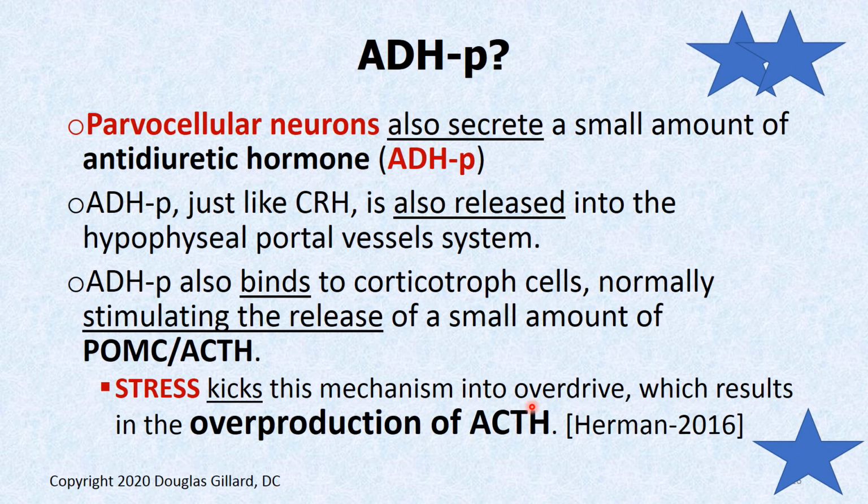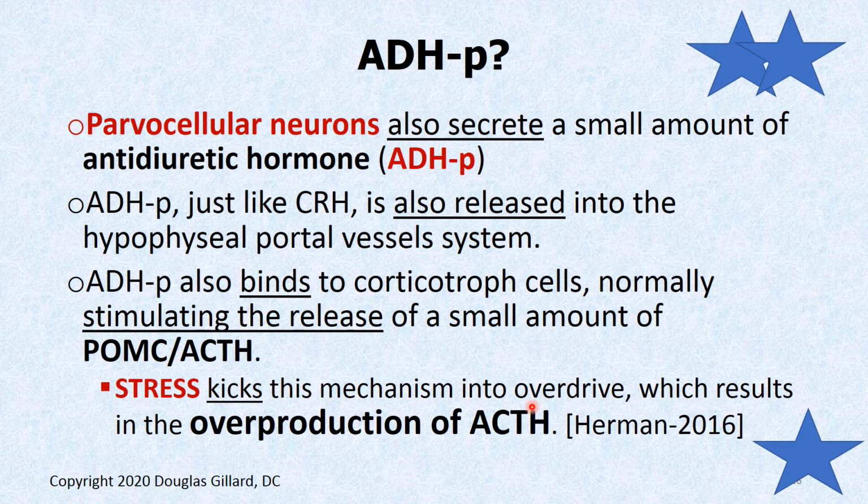All right, and ADH-p. So again, parvocellular neurons also secrete a little bit of antidiuretic hormone, and we'll call it ADH-p just to let you know that it's coming from parvocellular neurons. So again, it's released into the hypophyseal portal system. It binds to corticotroph cells.